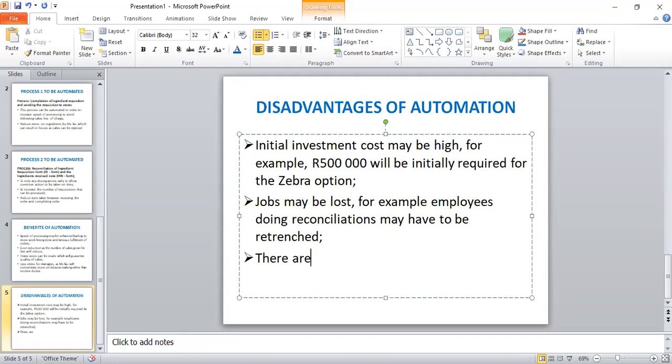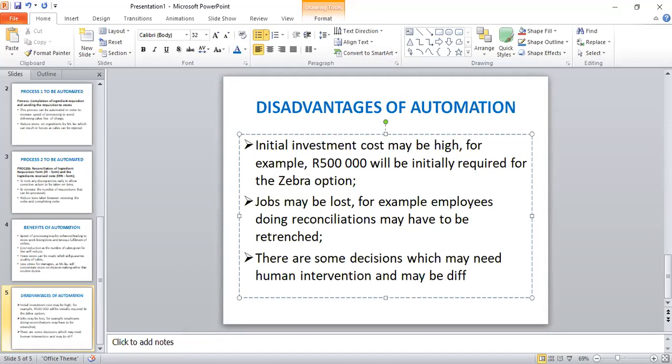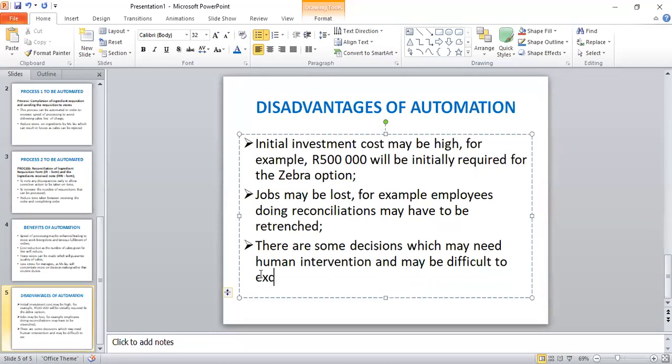There are some decisions which may need human intervention and may be difficult to do exclusively with robots.